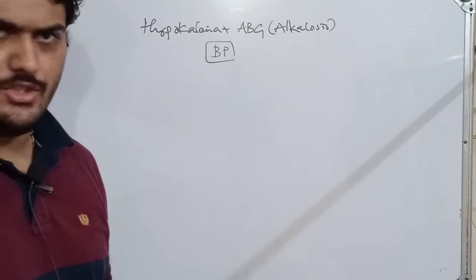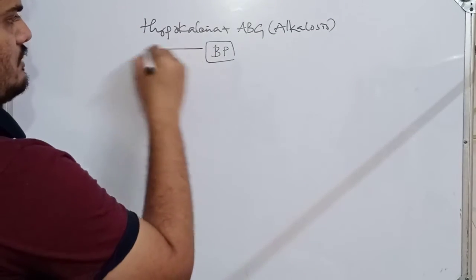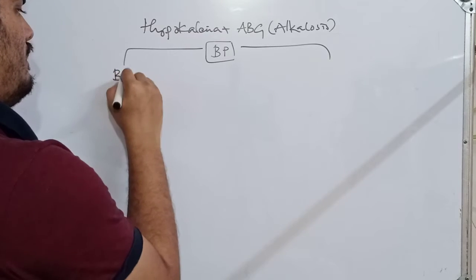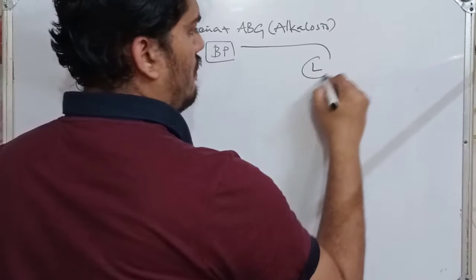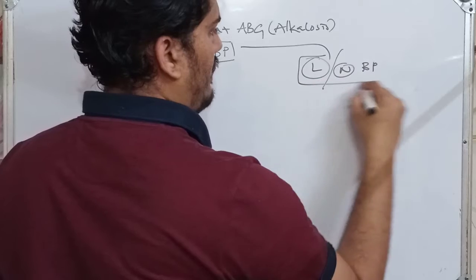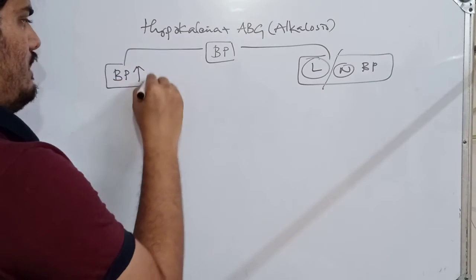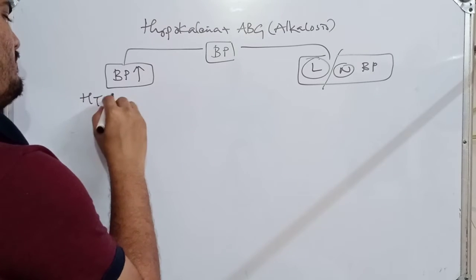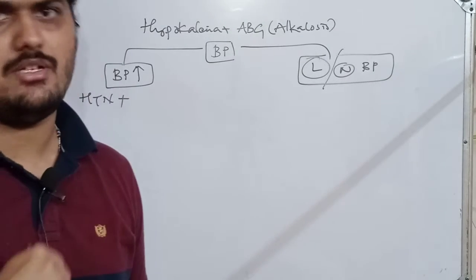When we check the blood pressure, that is hypokalemia with alkalosis pattern, two important clinical spectrums we get again, that is the patient is having raised blood pressure, or the patient is having low to normal blood pressure, that is a hypotensive state or a normotensive state. What if the patient is having hypertension? The spectrum here is hypertension, which is usually secondary hypertension, and it is also resistant hypertension.